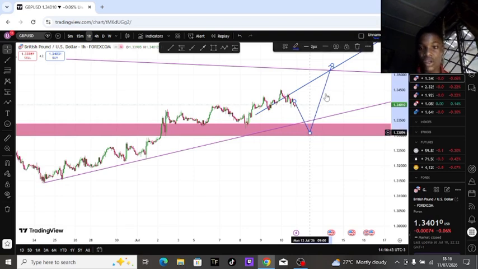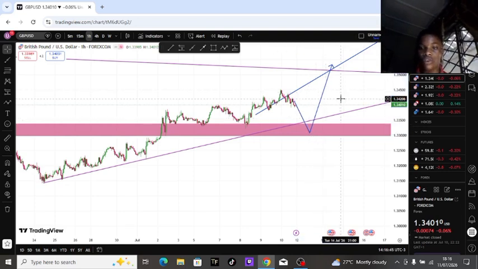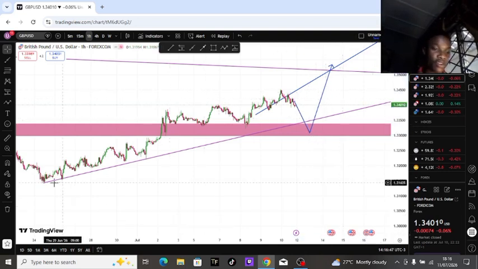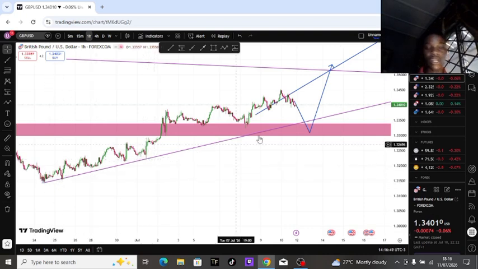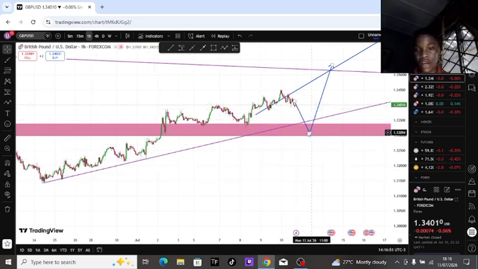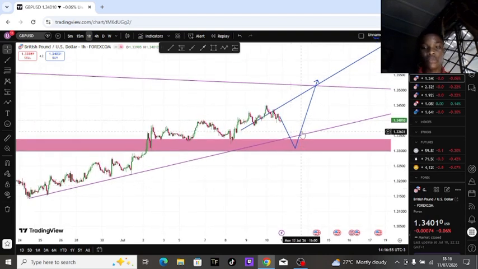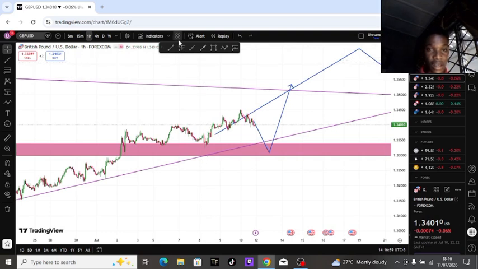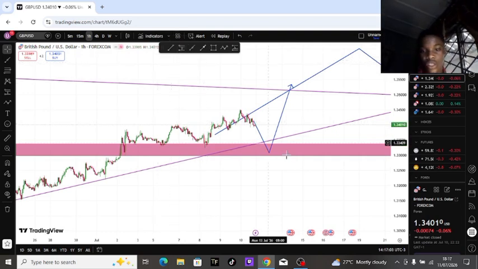I just wanted to hit around this zone before we have a push up, because we already have 1 touch point, 2 touch point, 3 touch point, and this might be our 4th touch point or a fake out before this big move. So I think I'll be focusing more on longing after, but not on Monday, maybe on Tuesday or Wednesday.